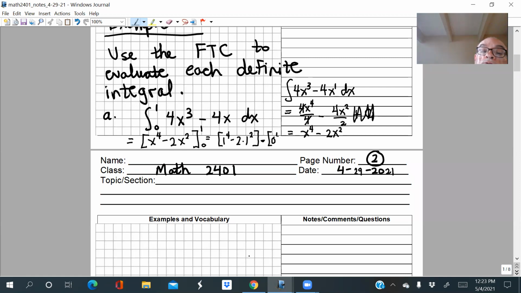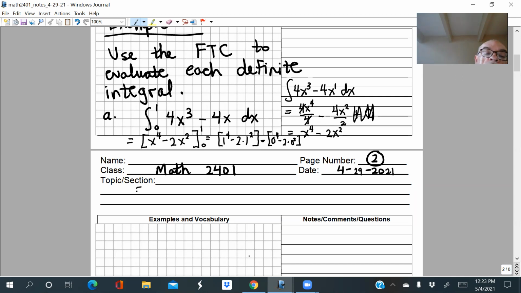So that's 0 to the fourth power minus 2 times 0 squared. So you see what I did? Plug the 1, the upper limit of integration, into the antiderivative. Don't plug it into the integrand. Plug it into the antiderivative. Plug 0 into the antiderivative and take the difference of those two values.